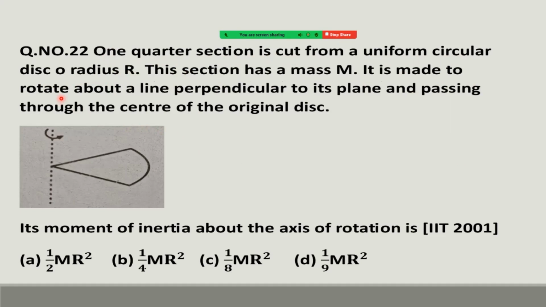It is made to rotate about a line perpendicular to its plane and passing through the center of the original disc. Its moment of inertia about the axis of rotation is, asked in 2001. Mass is 1/4, right? Its mass is m and radius is r.